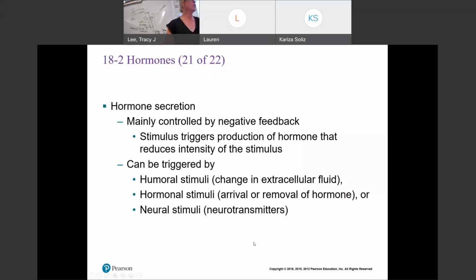All right, hormone secretion works on negative feedbacks. What was a negative feedback loop? Do you guys remember? Yeah, it keeps homeostasis. So if we get out of whack here, we're going to turn on a hormone. It brings us back to here. When we get back to here, we're going to shut that hormone off.